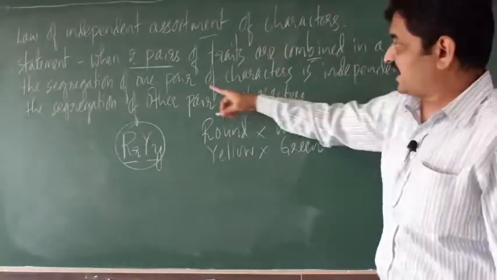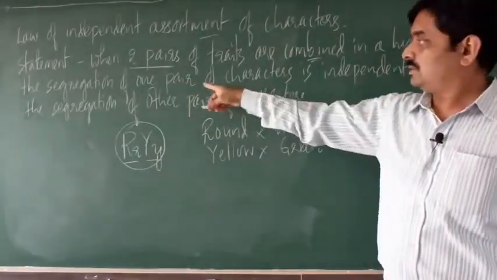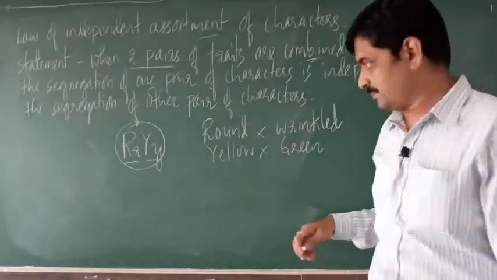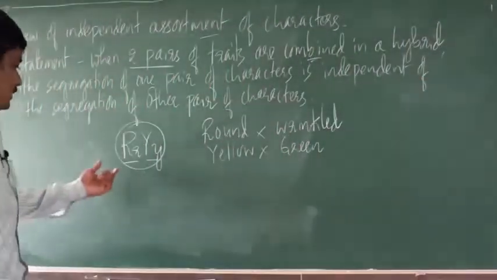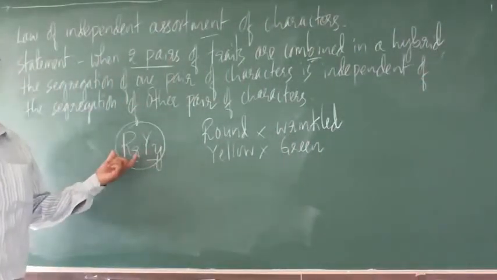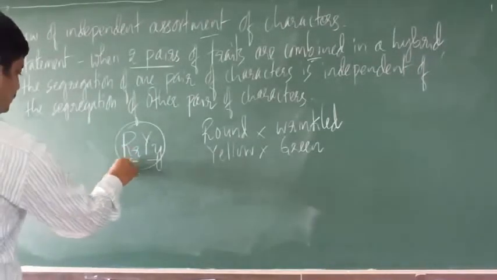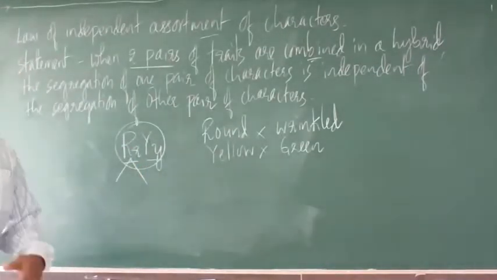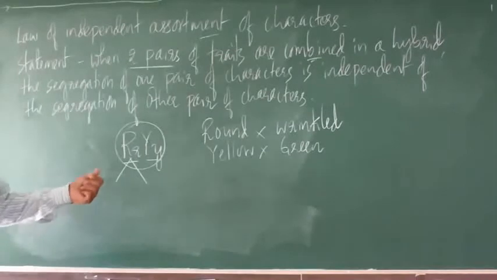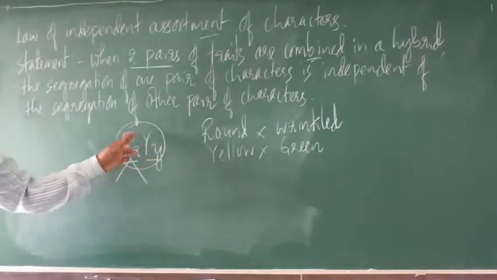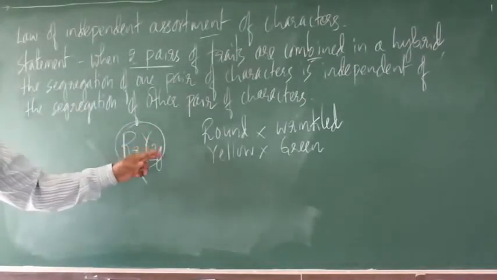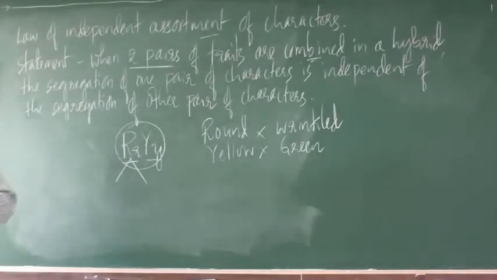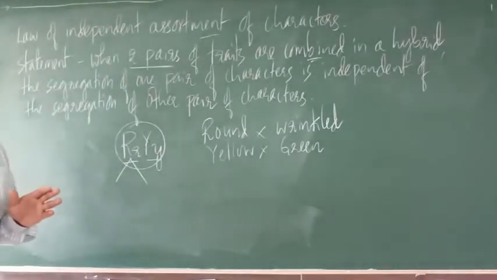Now, the segregation of one pair. For example, if you consider this pair, the segregation of this pair of characters is independent of the segregation of the other pair. It means each pair segregates independently.